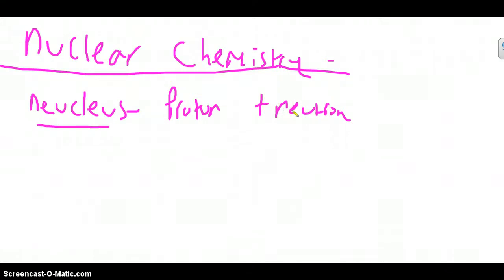The entire structure of an atom is rearranged to achieve more stability. That's usually always the goal of an element, to achieve stability.